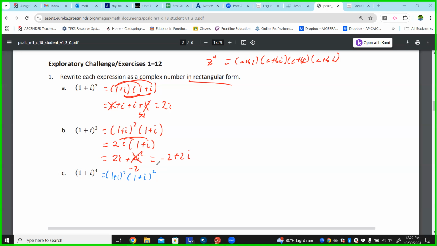So it's a lot easier, if I split this up into square and square, to just go 2i times 2i, which will give me what? 4i squared, which will give me what? -4, right? And we get a lot quicker of an answer versus doing 1 plus i times -2 plus 2i, but you'll get to the same conclusion. So if you didn't notice that, it'll work out regardless. Any questions on that?